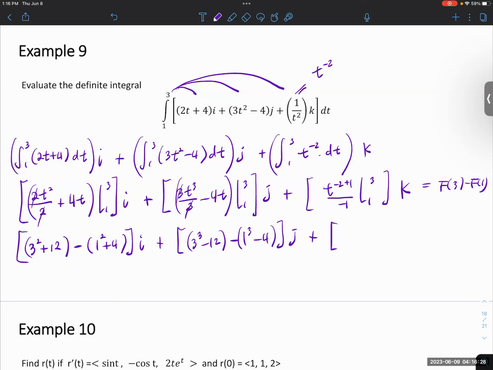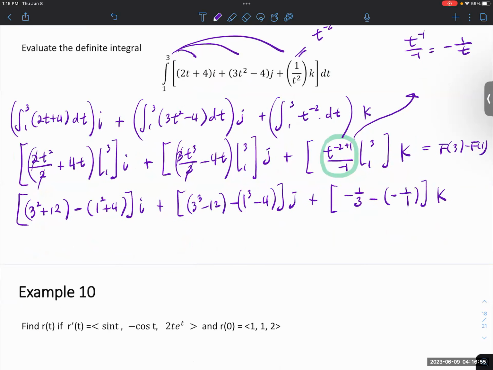And the last one, this is t to the negative 1, which is negative 1 over t. So I'm going to plug in 3 and 1: negative 1 over 3 minus negative 1 over 1, in terms of k.